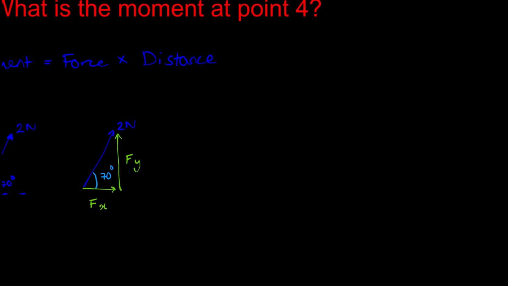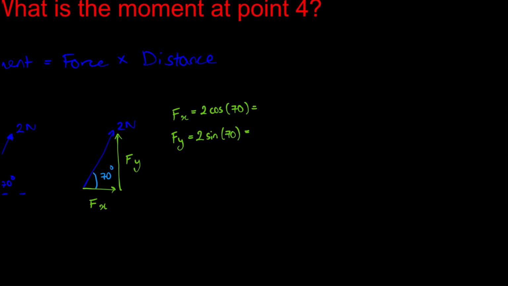So F of x, our horizontal force, is going to be equal to 2 times, and because it's the adjacent side, it's going to be cos. So 2 cos 70. And our vertical force, F of y, is going to be 2 times, because it's the opposite side, sine of 70.